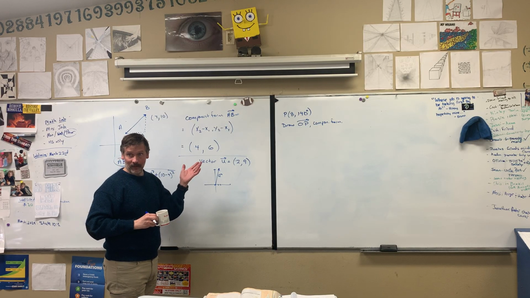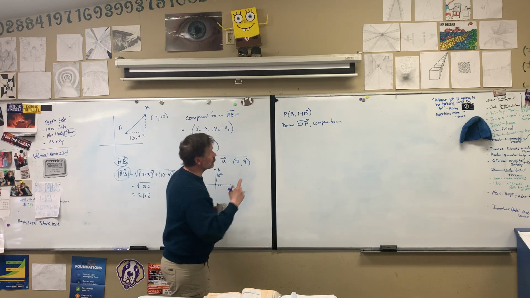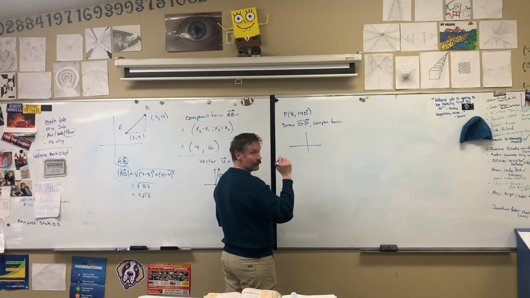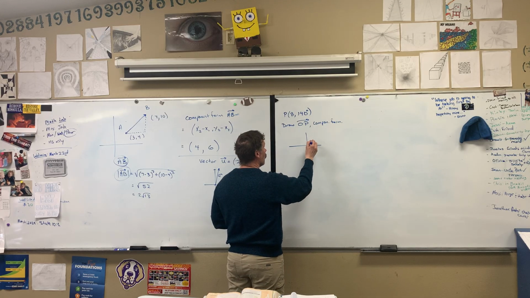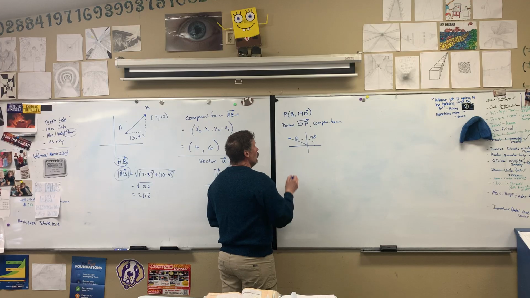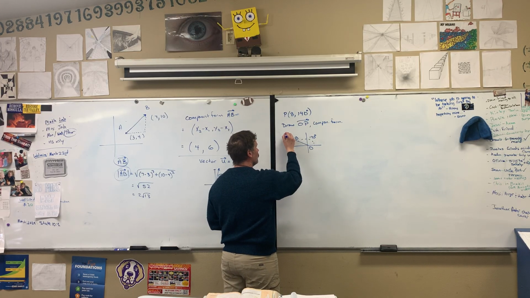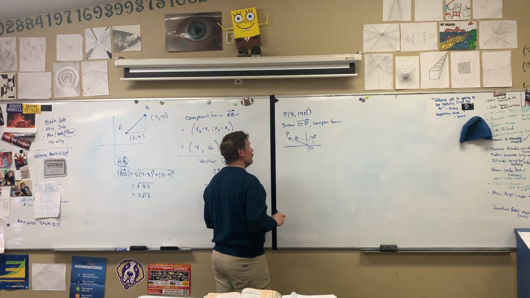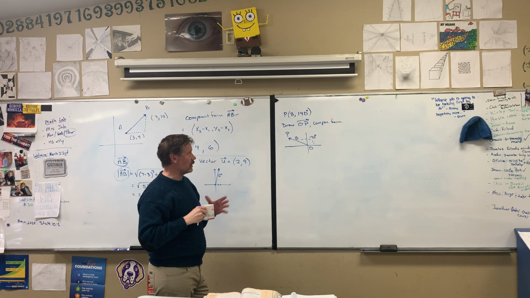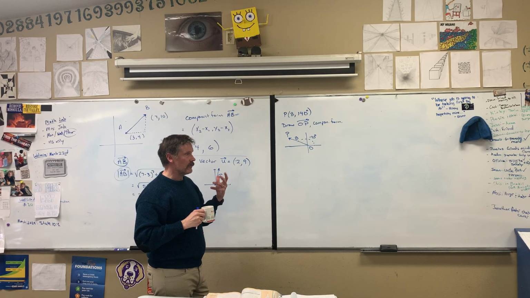So when we go to draw 8, 140, we go over 140 degrees and then we go out 8. So there's 8, there's 140 degrees. This would be O and this would be P. Technically, that would be vector OP starting at the origin. So nothing unique there, it's just polar form.